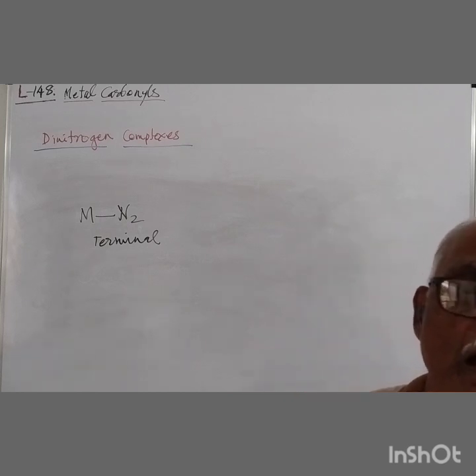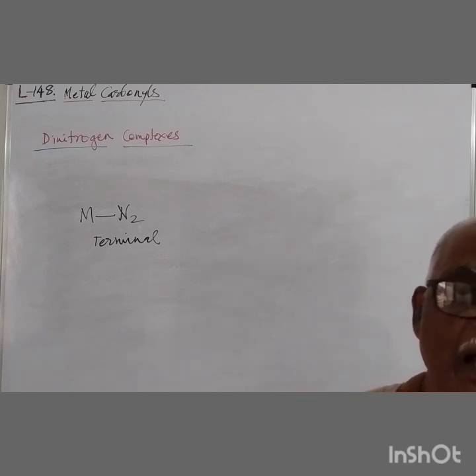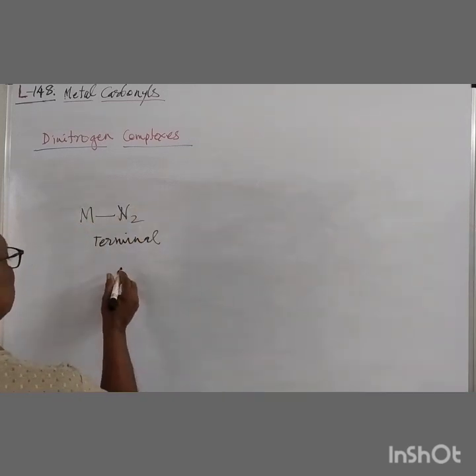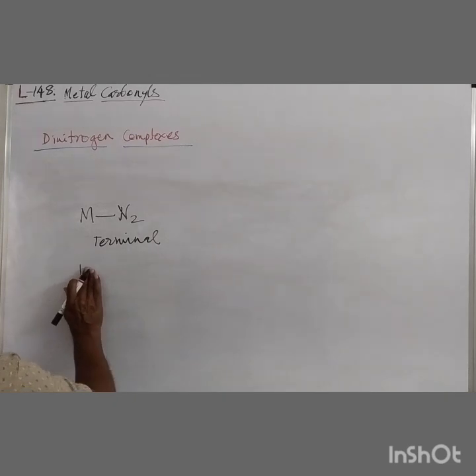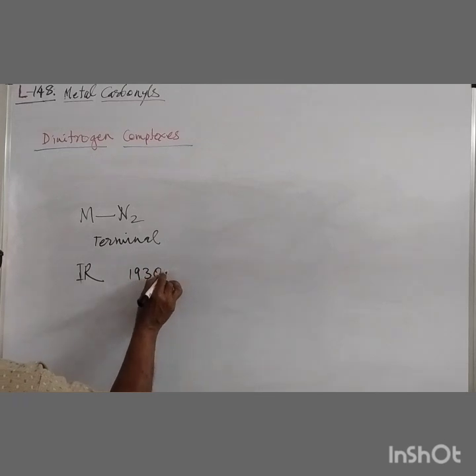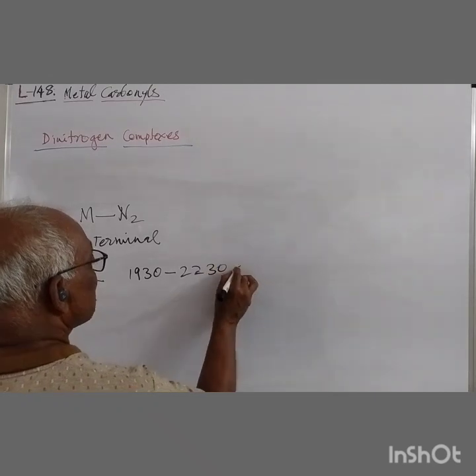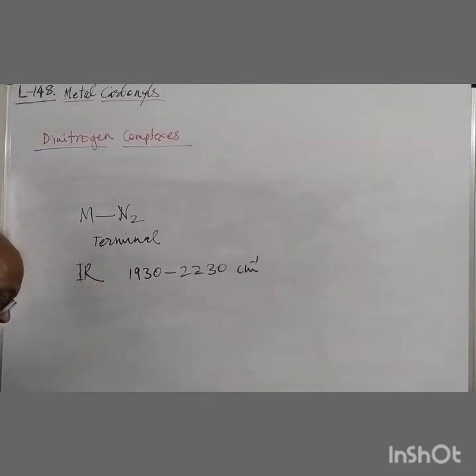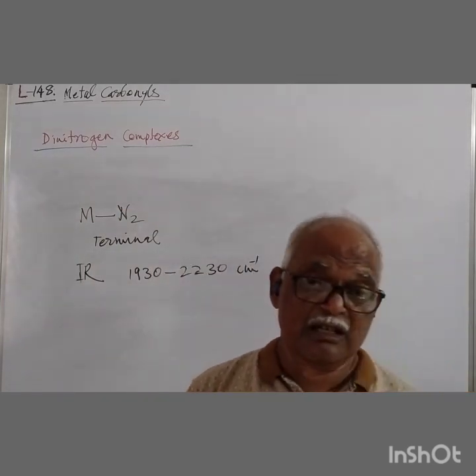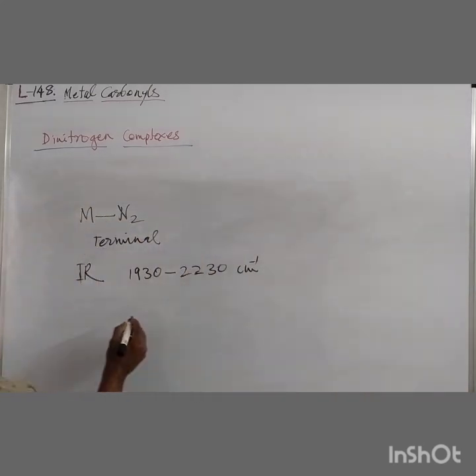characterized from IR spectroscopy, where it shows IR absorption in the range between 1930 to 2230 per centimeter, whereas the IR range for nitrogen is different.